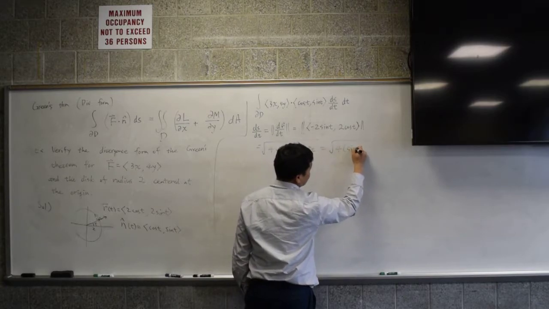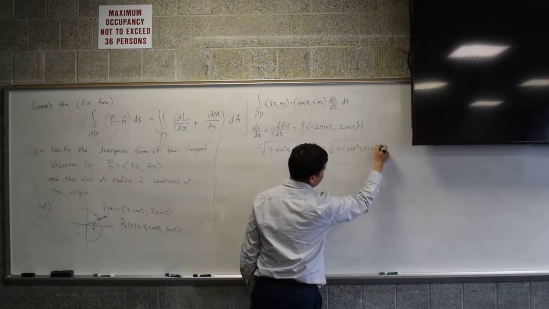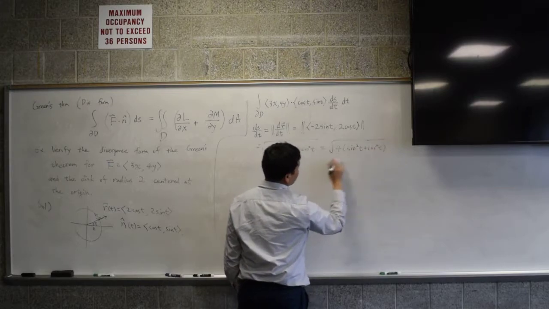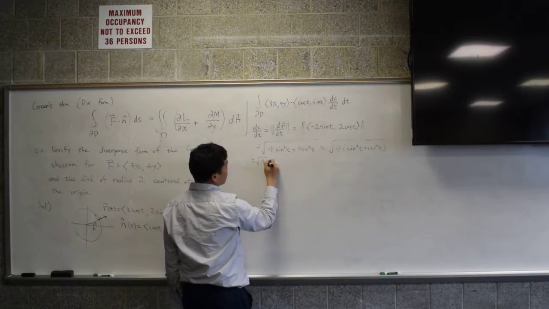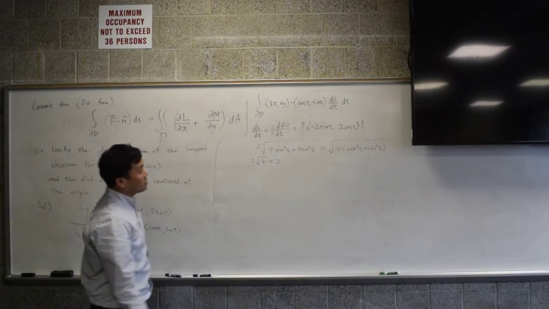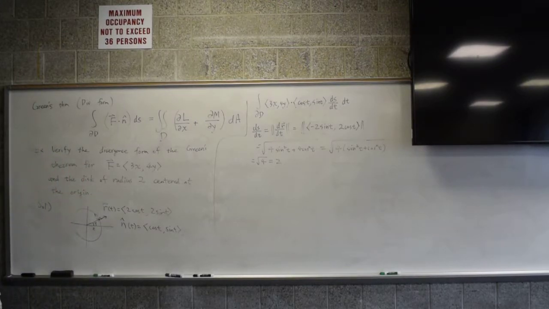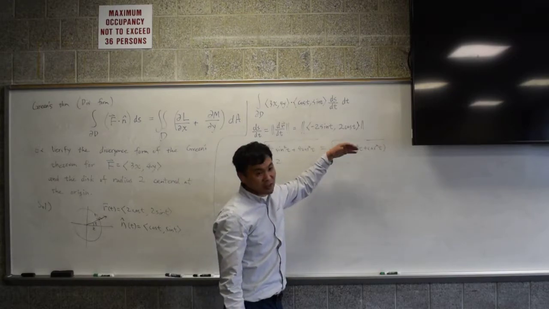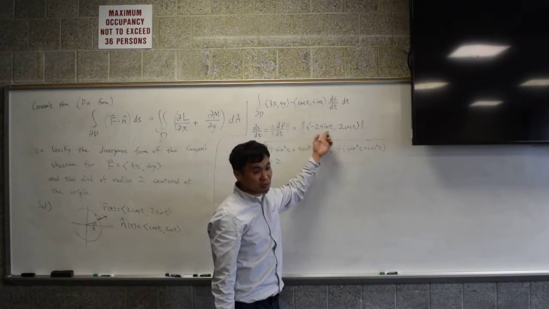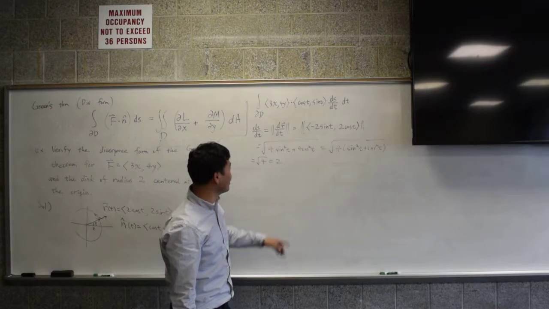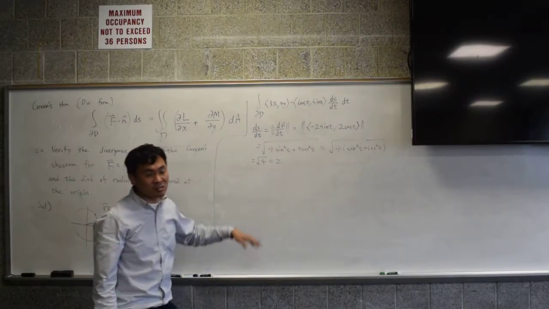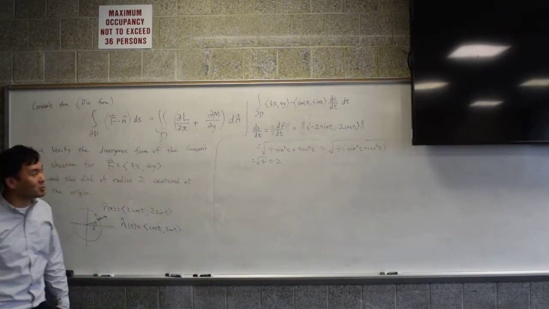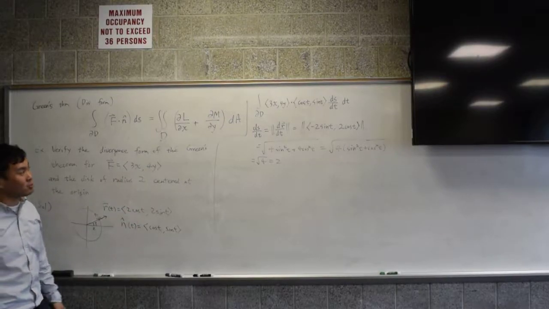So you get the square root of 4, which is 2. I mean, we could have known that without doing all the calculation, right? I know that sine comma cosine has norm 1, and it's multiplied by 2, so it should be 2. It doesn't require all this calculation. I just did it so that everybody can understand, but you can just figure out it's 2.